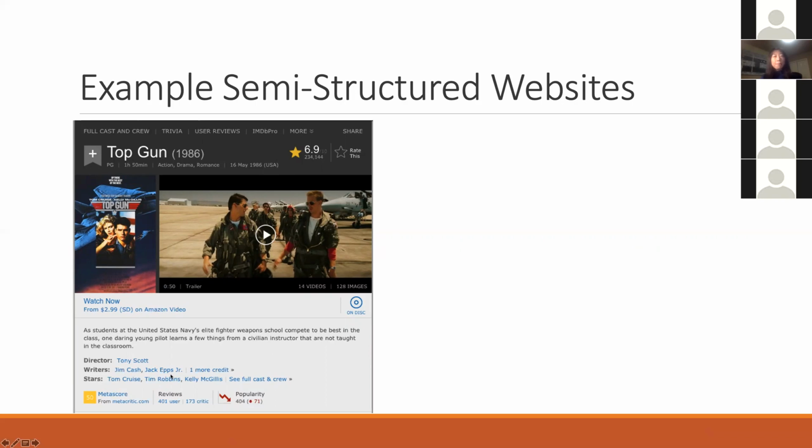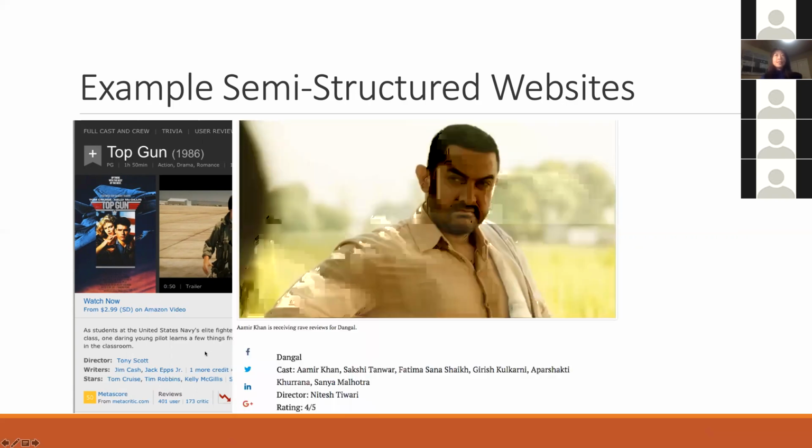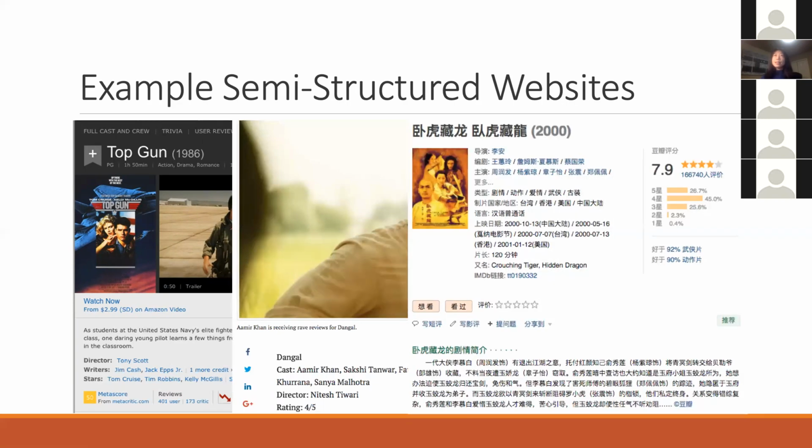It's not a big chunk of text or an article, but much more just basic facts about the movie put into particular formats. Here is another example about a famous Indian movie, and here is another example about a famous Chinese movie. They all share the similarity: not that much text, but a lot of factual information about the movies.